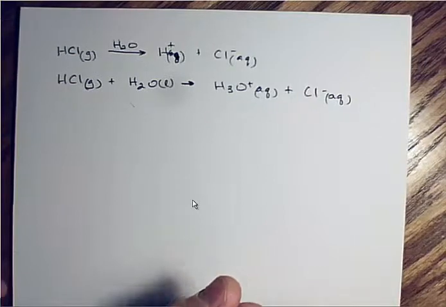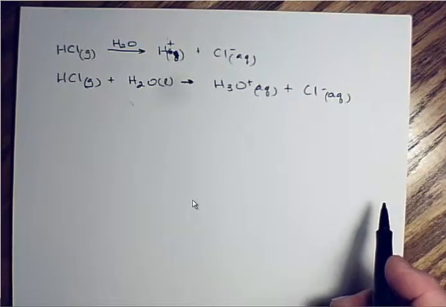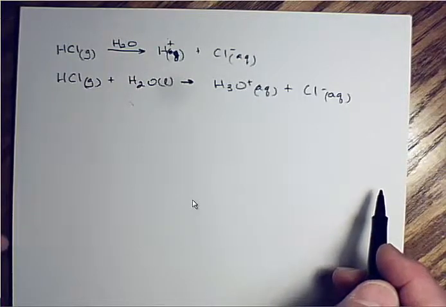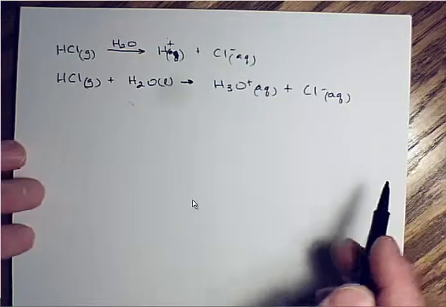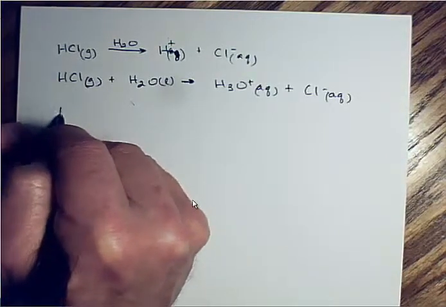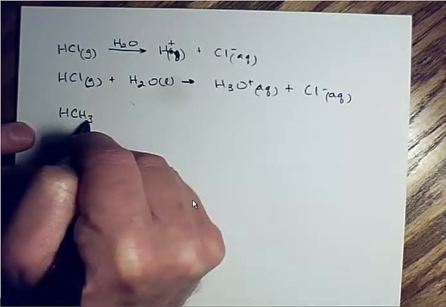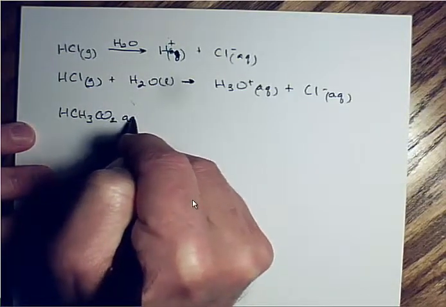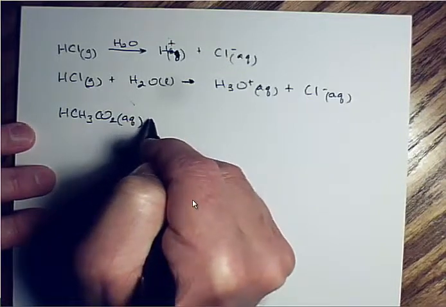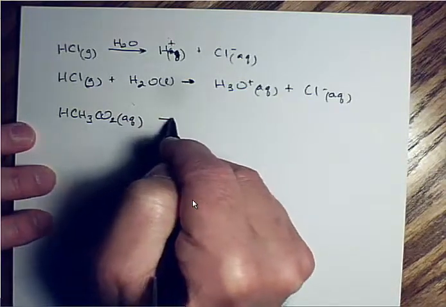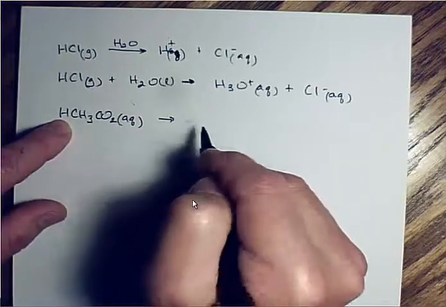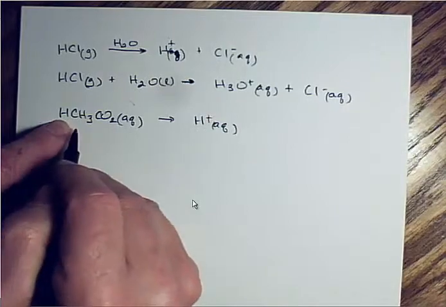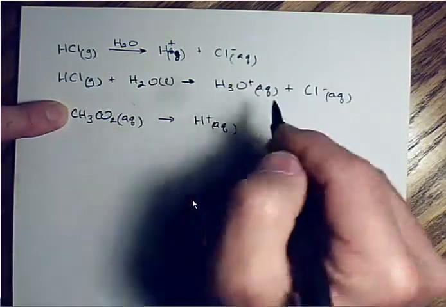Okay? Weak acids do not dissociate completely. What was the weak acid we used in our last lab? Acetic acid. Okay? And that formula is this. And let's use the Arrhenius theory first. So the hydrogen ion is going to come off. If the hydrogen ion comes off, it leaves behind this.